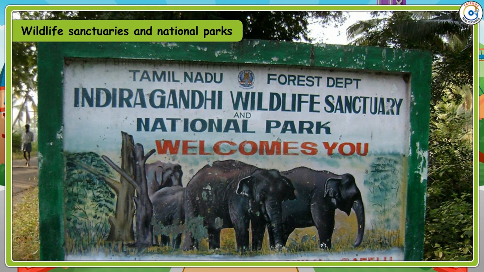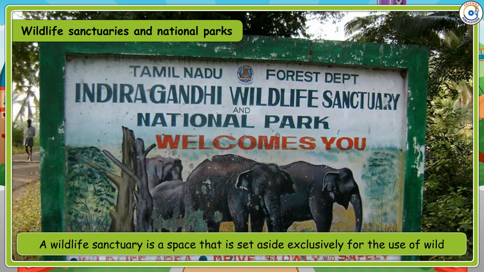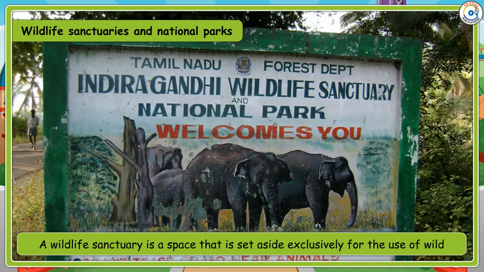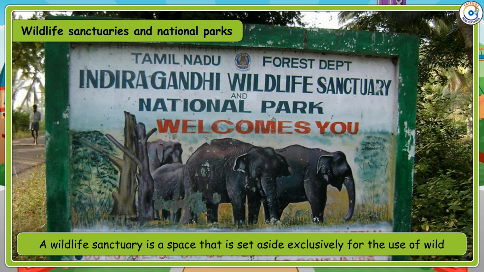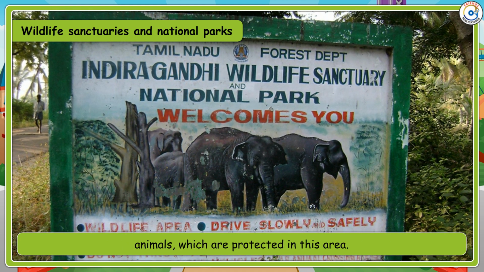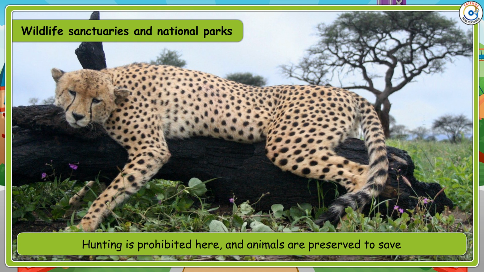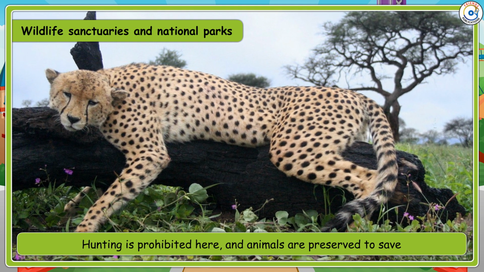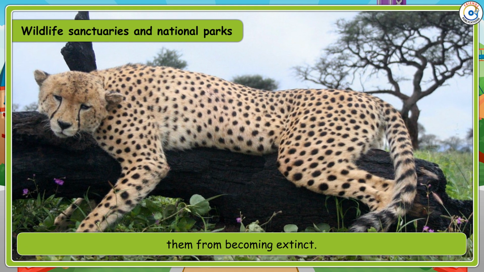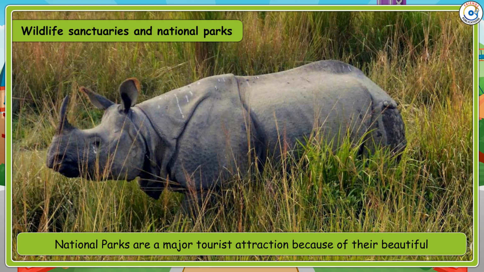Wildlife sanctuaries and national parks. A wildlife sanctuary is a space that is set aside exclusively for the use of wild animals, which are protected in this area. Hunting is prohibited here, and animals are preserved to save them from becoming extinct.